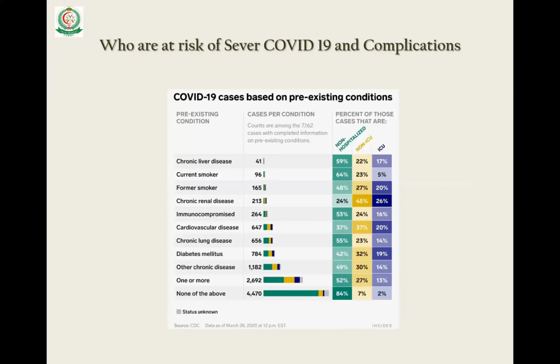Another risk factor to get severe COVID-19 and its complication are the comorbidities. In this study, which was reported in CDC, it included more than 7,000 patients. If you can look at the colors, the green color reflects those who had the infection but did not require hospitalization.